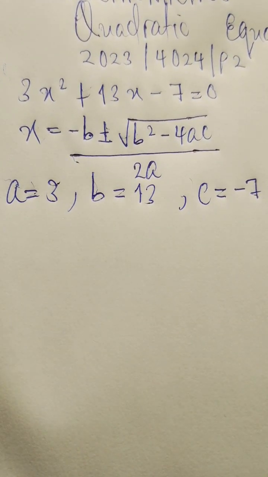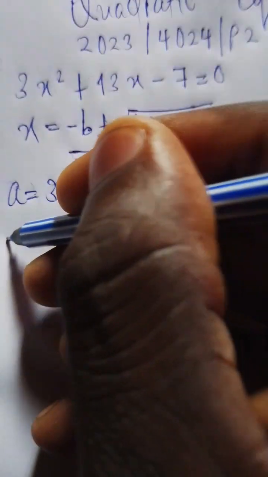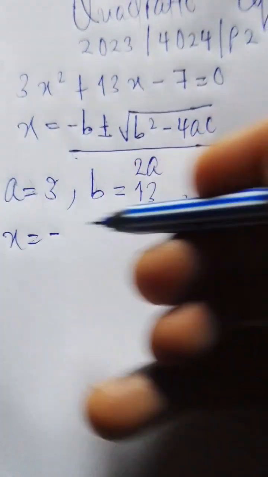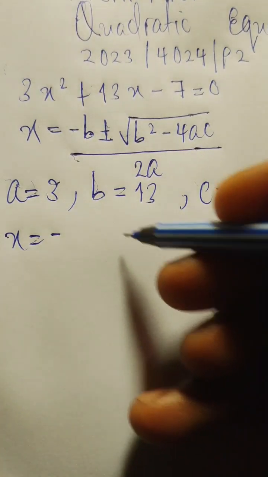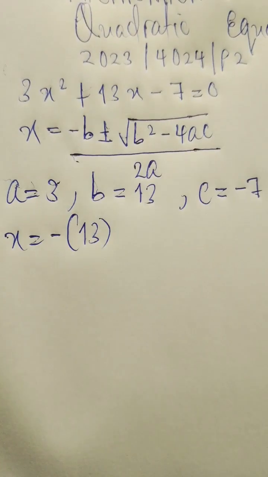So with the identification done, now let's do the substitution. We're going to substitute the values in the formula. So x is equal to negative, where there is b, we substitute 13.